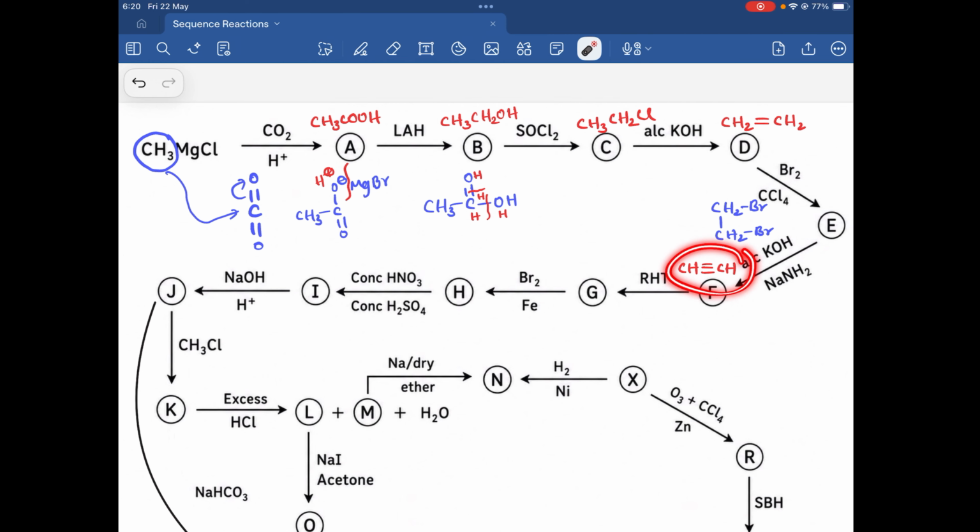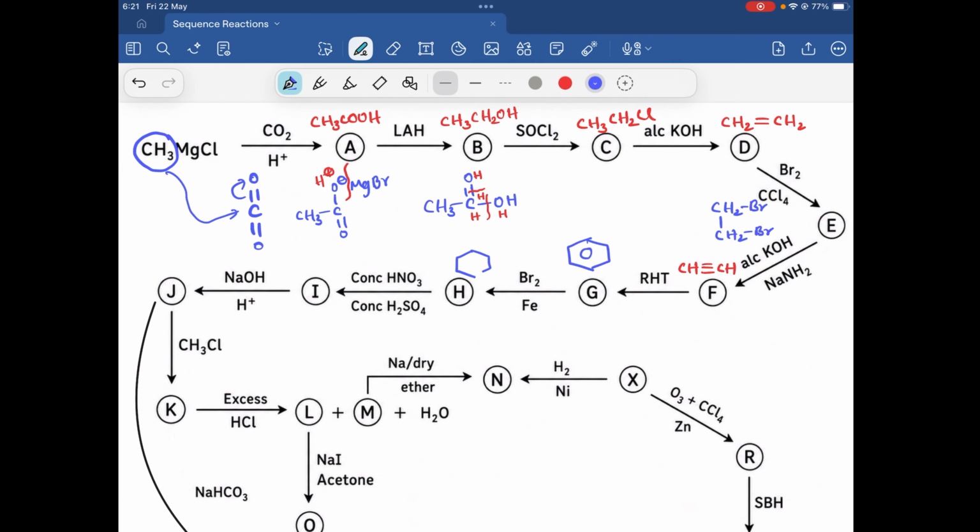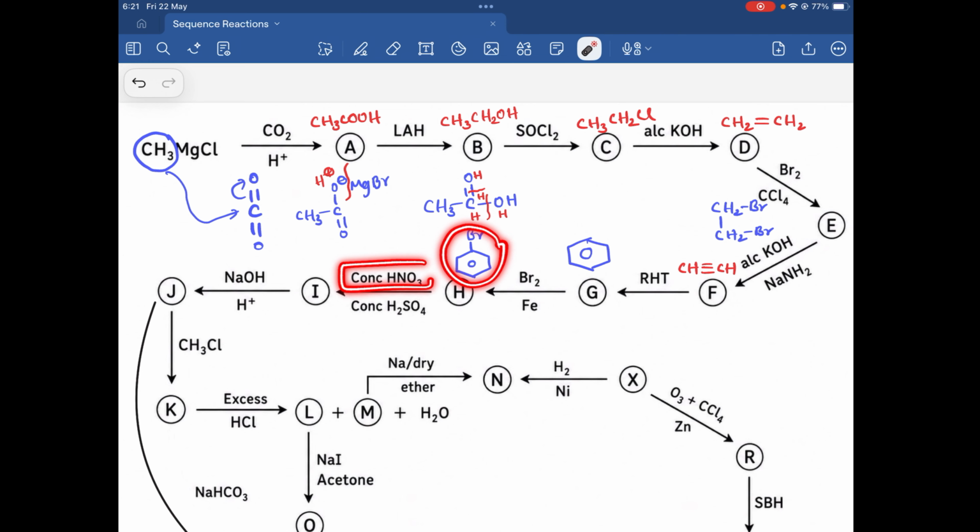Now this ethyne on reacting with RHT, red hot tube, follows polymerization, right? So we'll get benzene. Now this benzene on reacting with Br2 in the presence of Fe in dark condition means here halogenation takes place, especially bromination, we will get bromobenzene here. So compound H is bromobenzene. Now this bromobenzene on reacting with concentrated HNO3 and concentrated H2SO4, these are what?